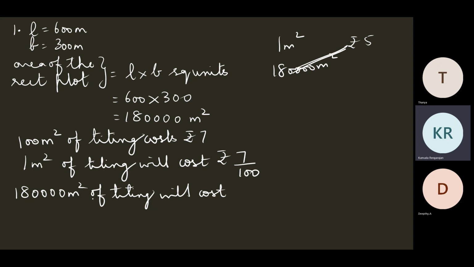So 1,80,000 meter square of tiling will cost 18 followed by 4 zeros into 7 by 100.